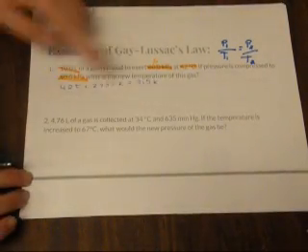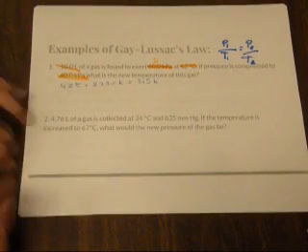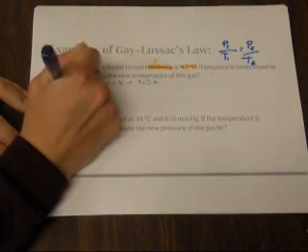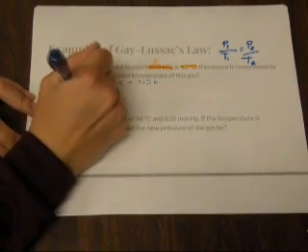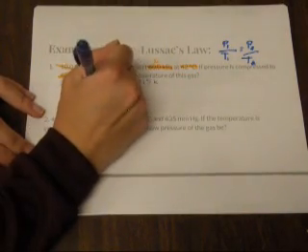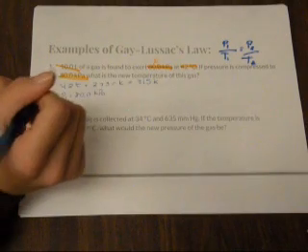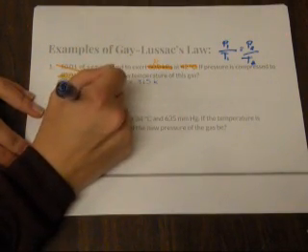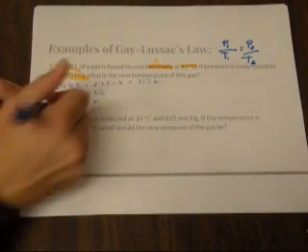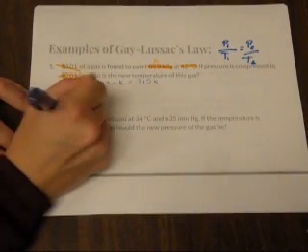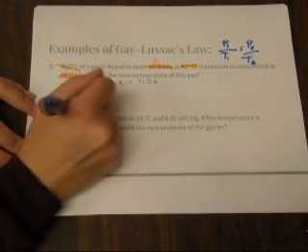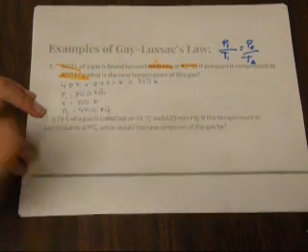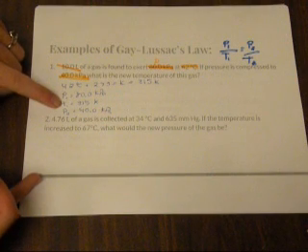And we have all of our other givens, so let's write them down. So our pressure 1 is 80.0 kPa. Our temperature 1 is 315 Kelvin. Our pressure 2 is 40.0 kPa, but we don't have a temperature 2.